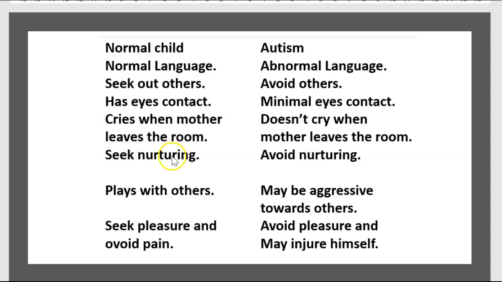A normal child seeks nurturing. Autism avoids nurturing. A normal child plays with others. Autism may be aggressive toward others. A normal child seeks pleasure and avoids pain. Autism avoids pleasure and may injure himself.